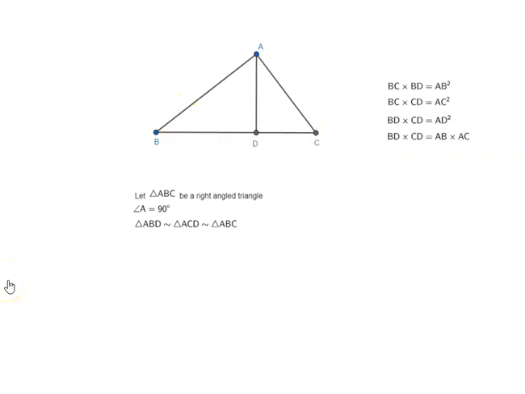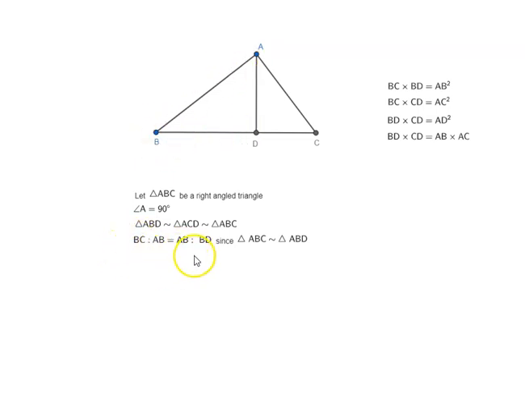Let's take two of these triangles, triangle ABC and triangle ABD. Since they are similar triangles, the corresponding angles are equal. That means the sides about these equal angles are in proportion. So we can say BC is to AB equal to AB is to BD.